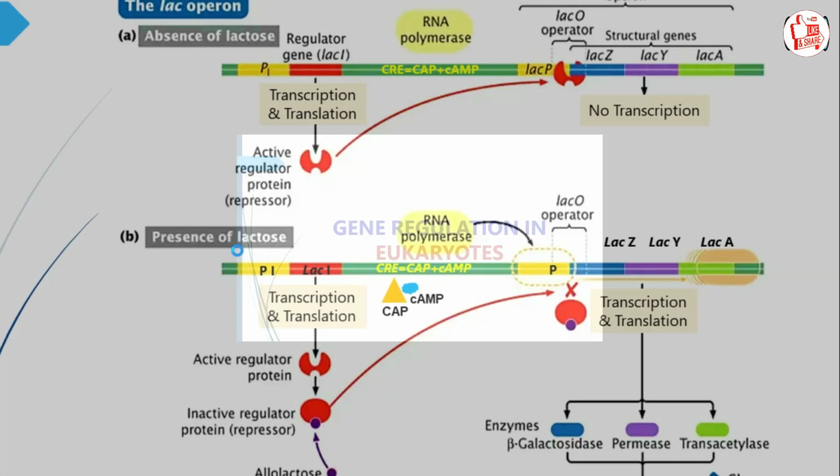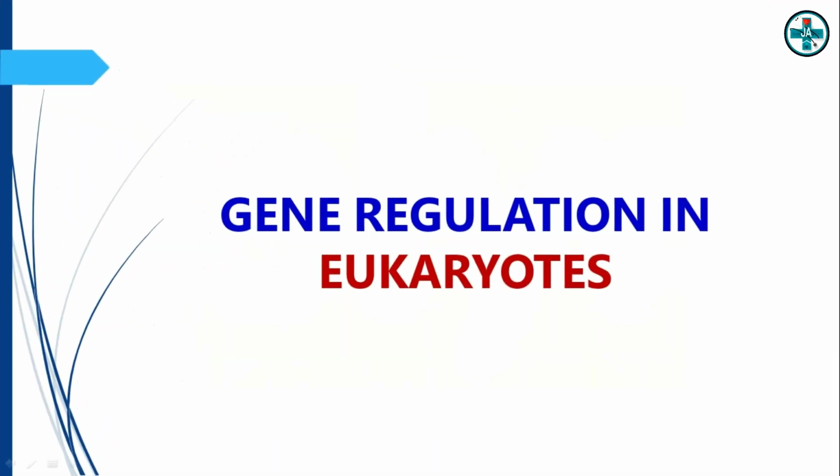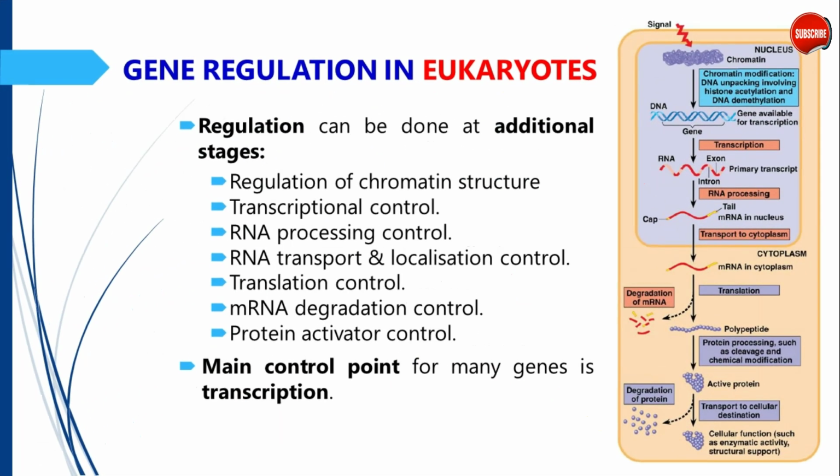Then comes gene regulation in eukaryotes. Eukaryotic cells have a much larger genome and much greater cell specialization. In eukaryotes, the expression of genes into protein can be controlled and regulated at various locations. Eukaryotic gene expression involves many steps, and almost all of them can be regulated.